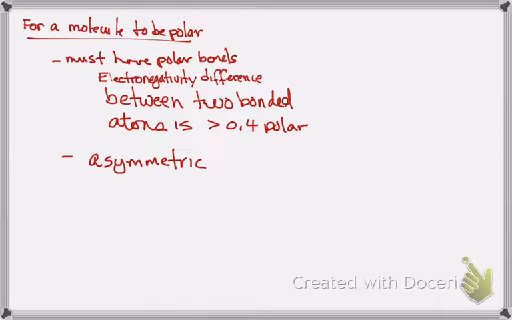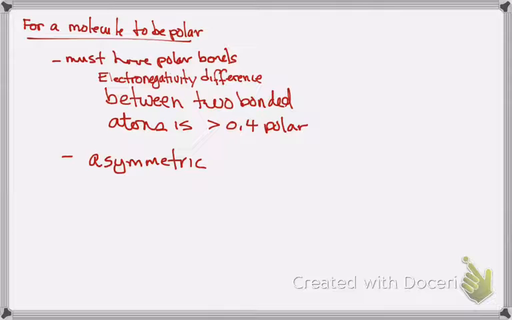Like the left and right-hand sides of your face are symmetric. This molecule is symmetric in the electronegativity pulls. Like the electronegativity pull from boron to chlorine, boron to chlorine, boron to chlorine, are evenly spaced. So that concept of symmetry is very difficult to convey.